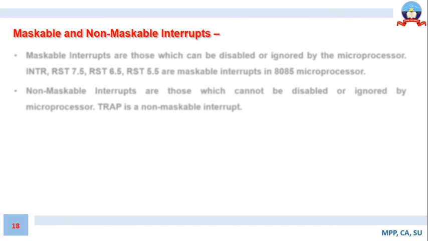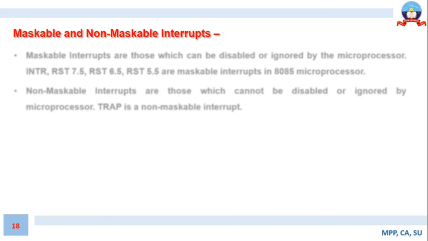Now, the next way of categorizing interrupts is maskable and non-maskable interrupts. So maskable interrupts refer to interrupts that can be ignored by the processor, or that can be masked or delayed by the processor. So a maskable interrupt is an interrupt that may be ignored or delayed by the microprocessor, whereas non-maskable interrupts are interrupts that cannot be ignored by the microprocessor.